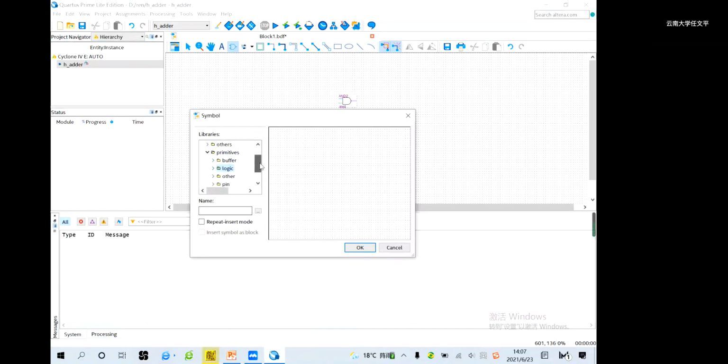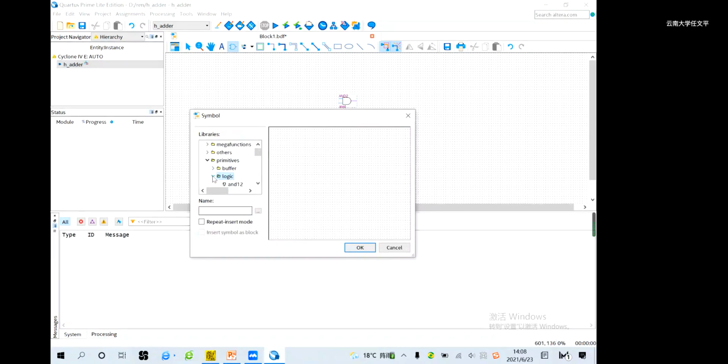Primitives include logic. In the logic library, include the AND gate, OR gate, XOR gate and XNOR gate. Open this primitives sub library logic.